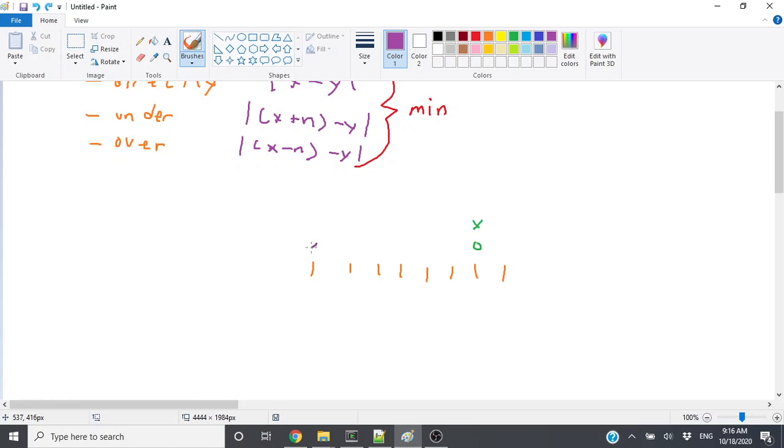Say we wanted this to be y. Then the best move is to go 2 over, so this cost is 2. This costs the same thing, we want to go around, so we get 3. This cost, it doesn't matter what we do, we get 4. This cost, we want to go this way now because it's better, so we have 3. We have 2, 1, 0, and 1.